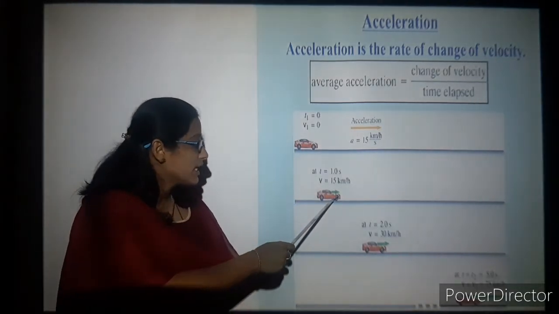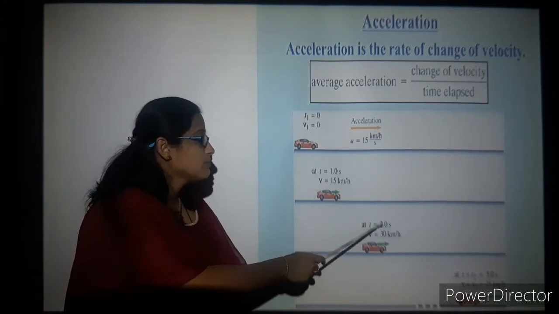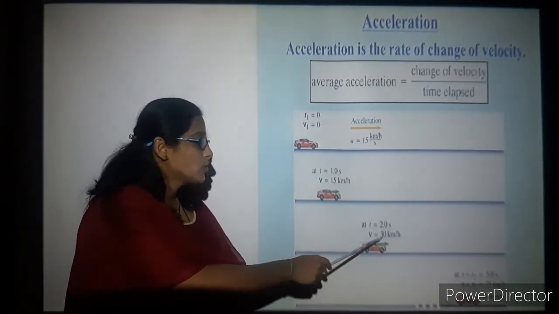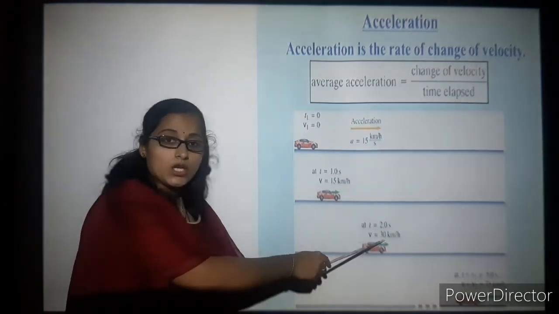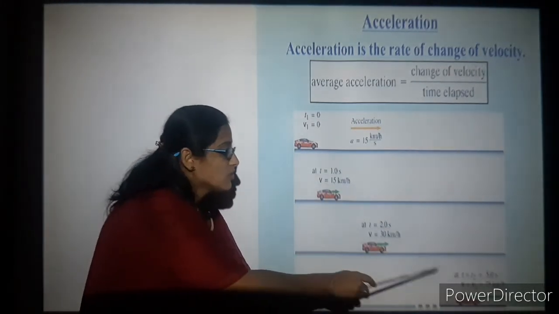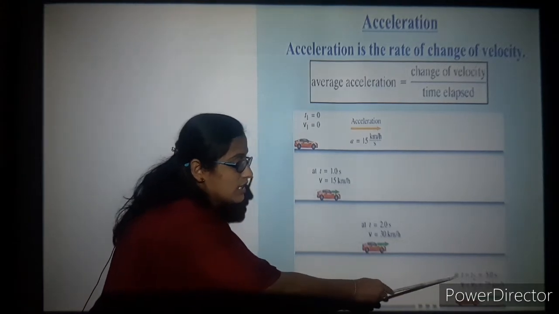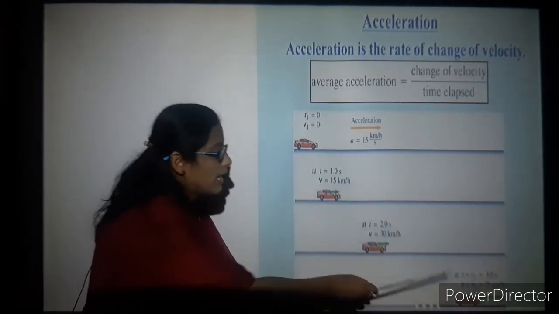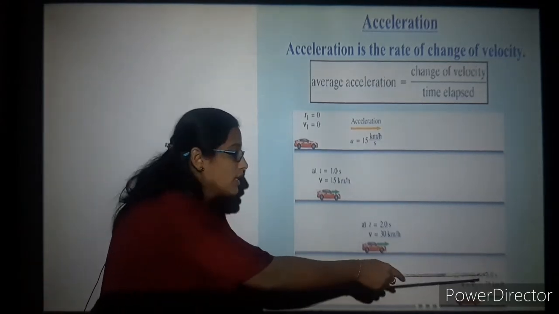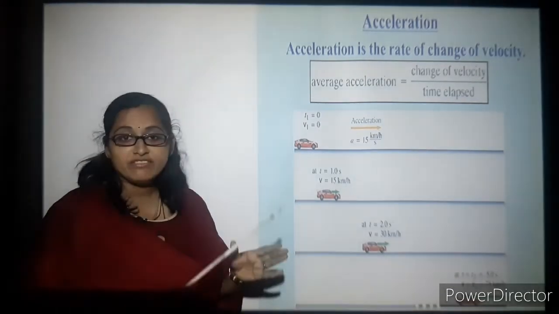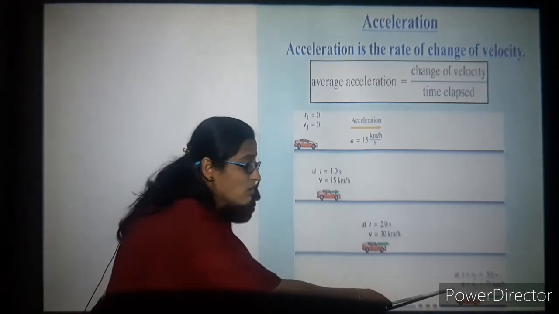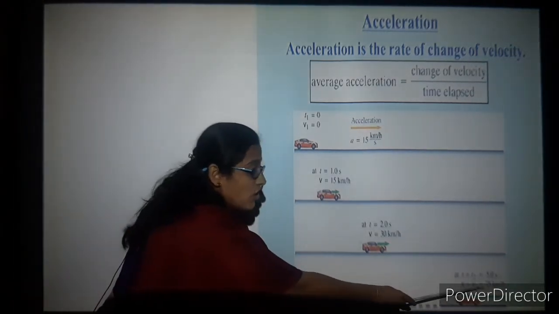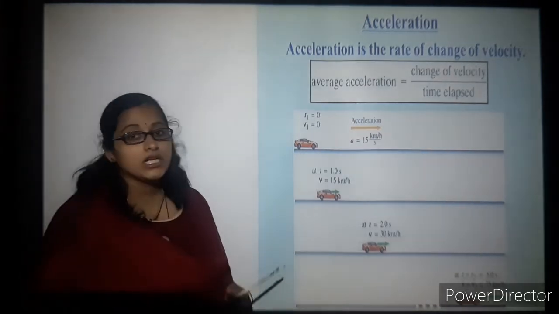You can see that when the time has moved from 1 second to 2 seconds, the velocity has changed from 15 to 30 km per hour, and it has reached the final destination, that is time t2. So the initial time is t1 and the final time is t2, it has taken 5 seconds, and the final velocity, represented as v2, has crossed 75 km per hour.